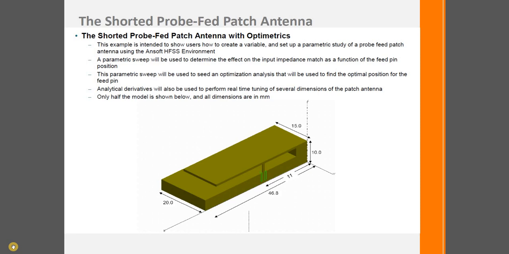And also this feed position can be used in an optimization process to find the optimum position of the feed. Also, we can run the analytical derivatives to see the sensitivity of the design to the position of the probe of this patch antenna.